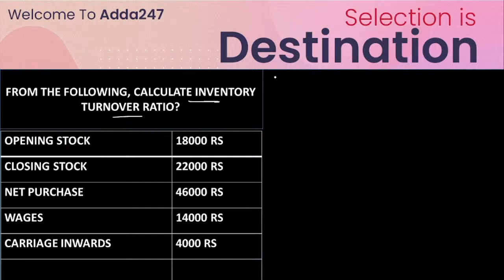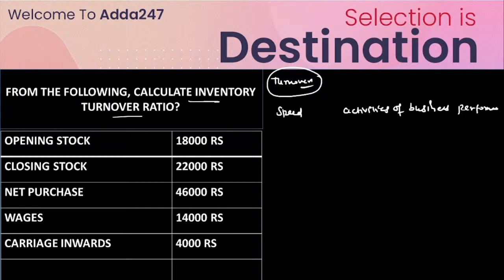First understand what turnover means. Turnover basically indicates the speed at which activities of a business are performed, or how quickly a business conducts its operations.